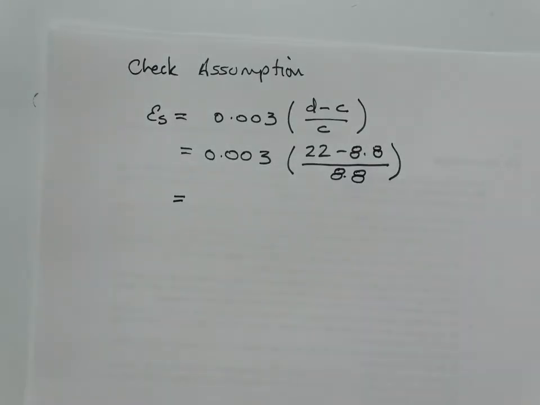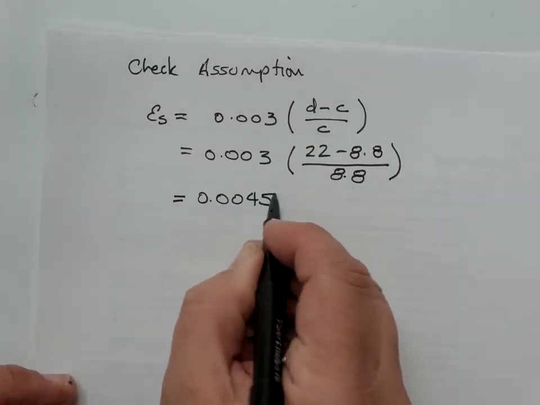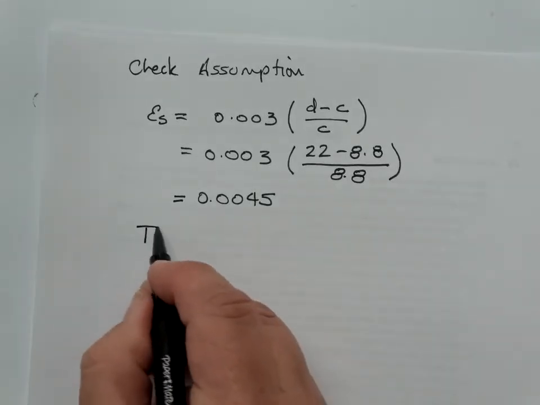And what does this come out to be? 0.0045, yes. 0.0045. So are we in tension control?